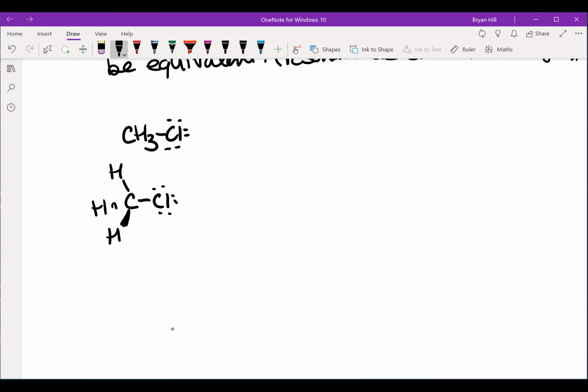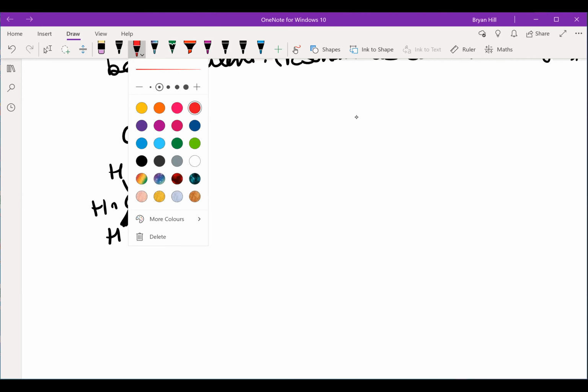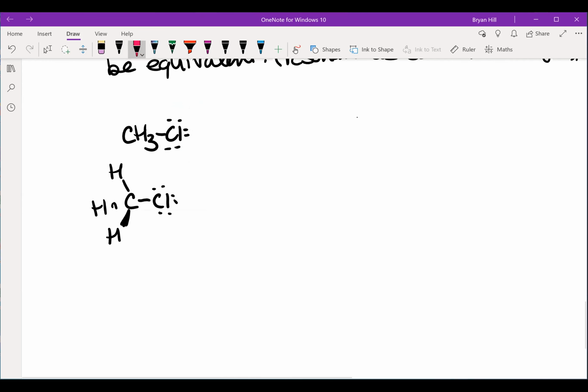If you were to deprotonate this compound with a base, would one of those 3 protons be more susceptible to being removed, or would all 3 of them have an equal chance? They are indeed equal. So if we run an NMR of this, we should see 1 signal for these 3 protons, because all 3 of them are chemically equivalent.